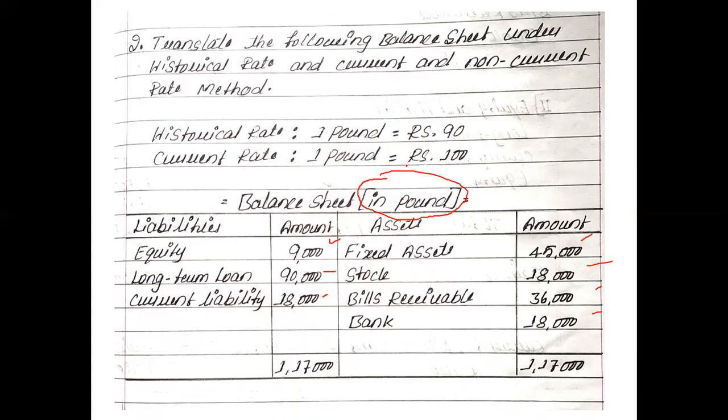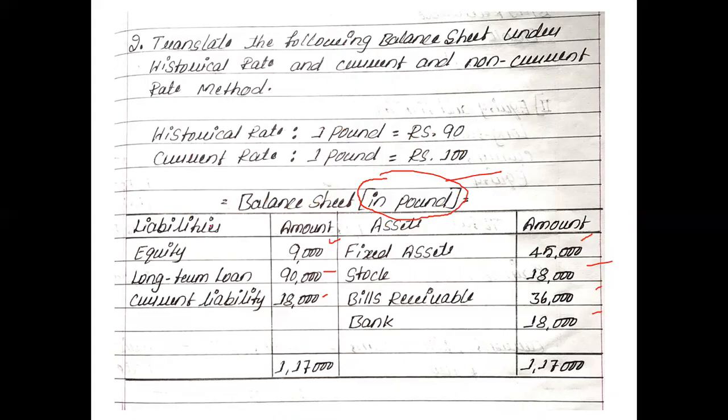Why? Because the pound is more valuable than the rupee. So when you are converting pound to rupees, we have to multiply, or even when converting dollar to rupees, that time also we have to multiply. In any case, if the currency given is more valuable than the rupee, then we have to multiply it. Okay. Next, we will look at this problem.